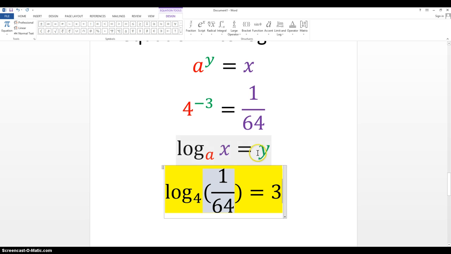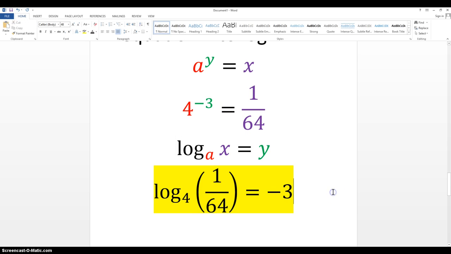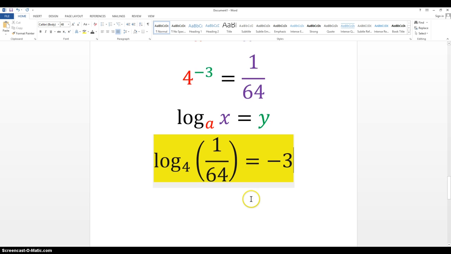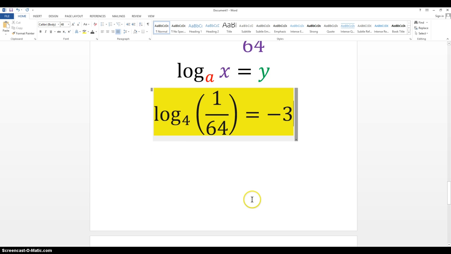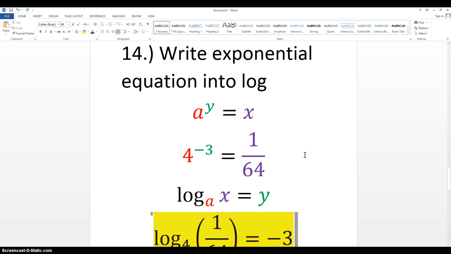And then we have y, which is the exponent part, and that is what? Negative 3. Exactly. So our overall answer is log of 1 over 64 base 4 equals negative 3. Excellent.